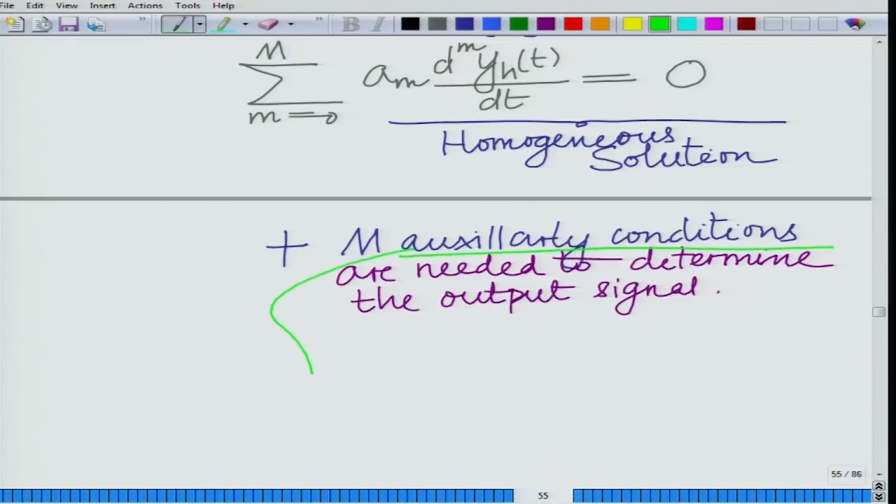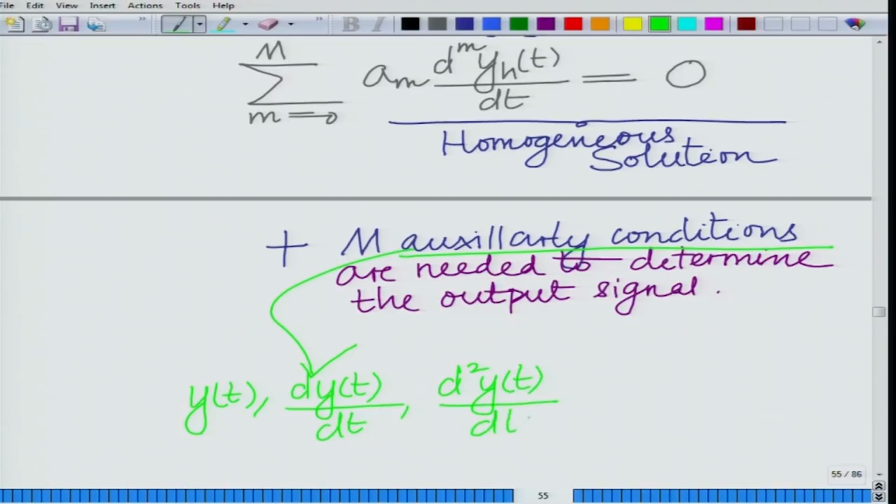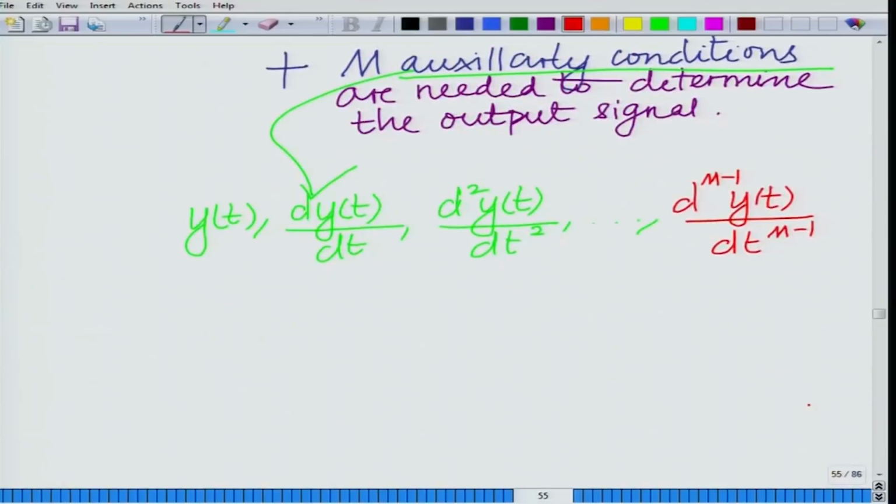These auxiliary conditions are given as the values of the output signal or its derivatives of various orders: dy(t)/dt, d squared y(t)/dt squared, and so on, up to the (m minus 1)th order derivative, d^(m-1) y(t)/dt^(m-1), at some point.